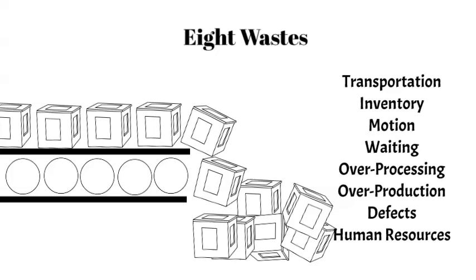Overprocessing, efforts that add little or no value to a product or service. Overproduction, producing more than the customer requires. Defects, work that is rejected, reworked, or scrapped. And finally, human resources, the failure to utilize the time and talents of people.